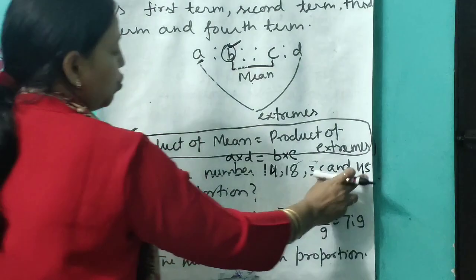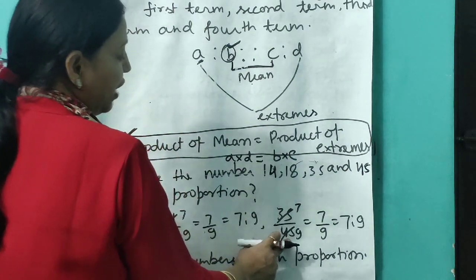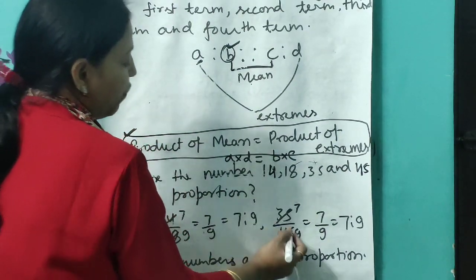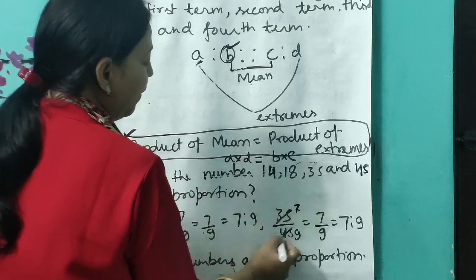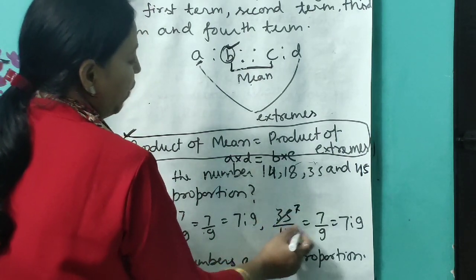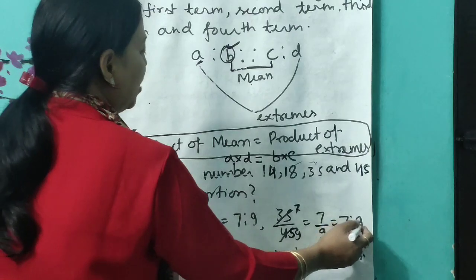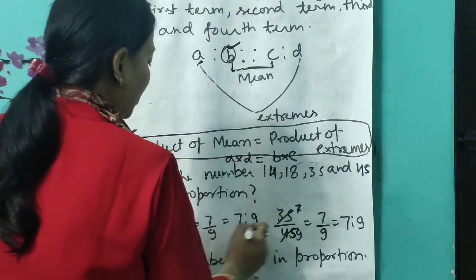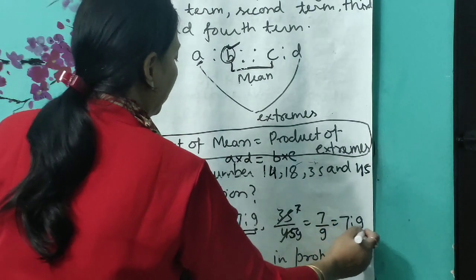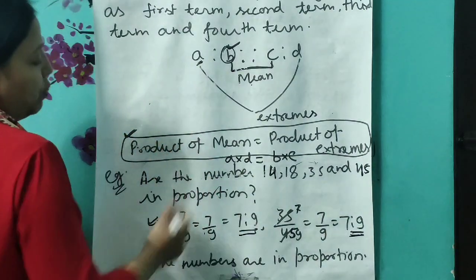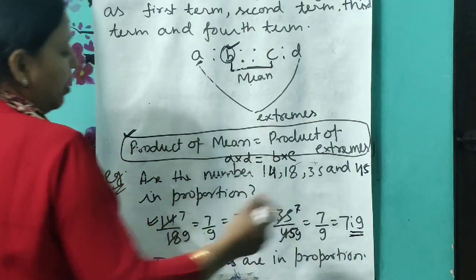Now take the other two numbers, 35 by 45. Both are divisible by 5: 5 sevens are 35, 5 nines are 45. So 7 by 9, that is 7 is to 9. Now you can see the ratios are equal. So if they are equal, it means these four numbers are in proportion.